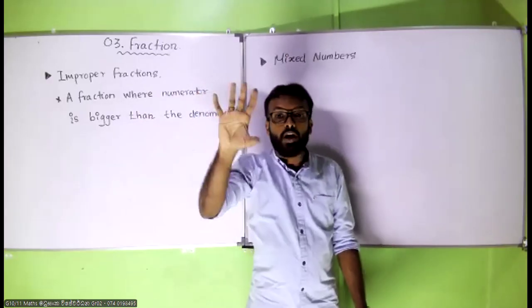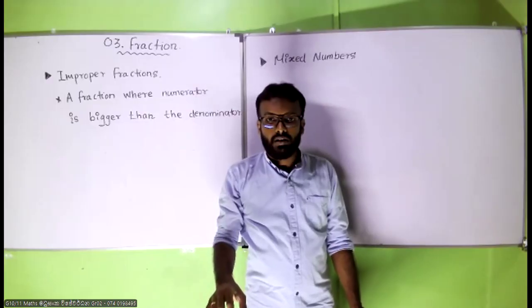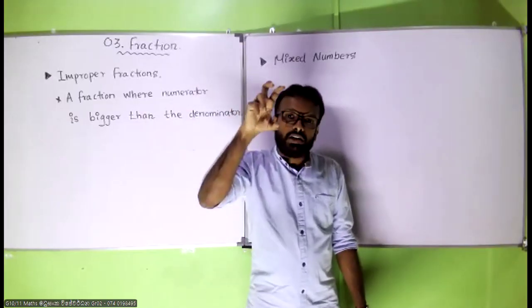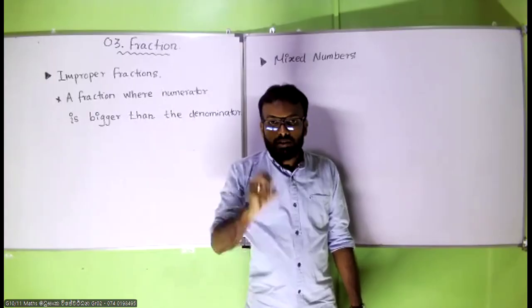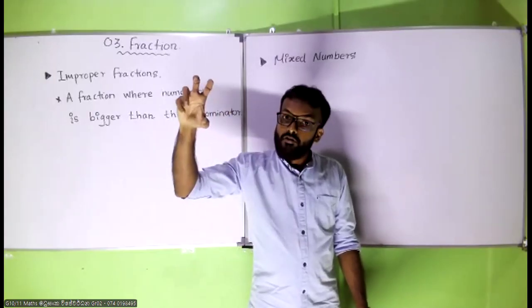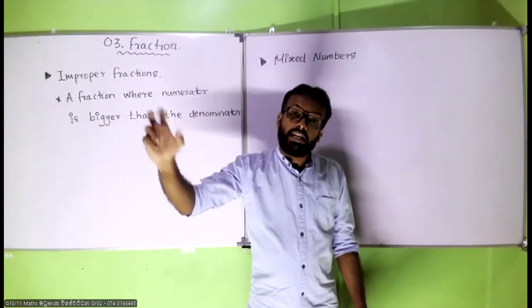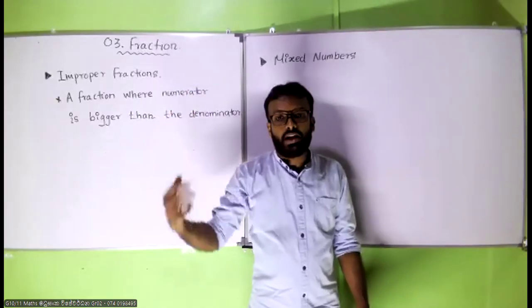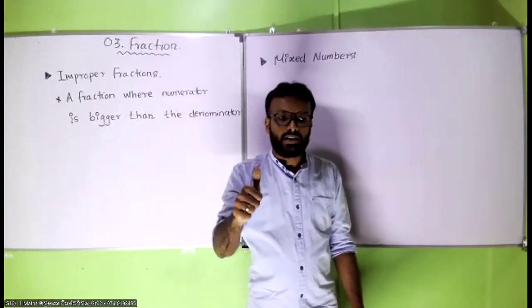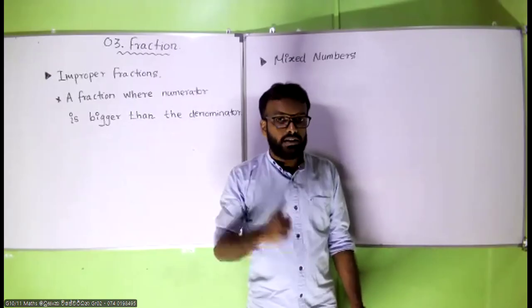For a mixed number, only we have 2 parts. The first part is the whole number part. Second part is the fractional part. Inside the fraction, we have numerator and denominator. So your answer is correct. You have the idea. That's great.